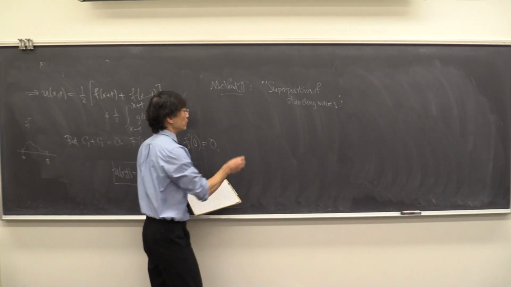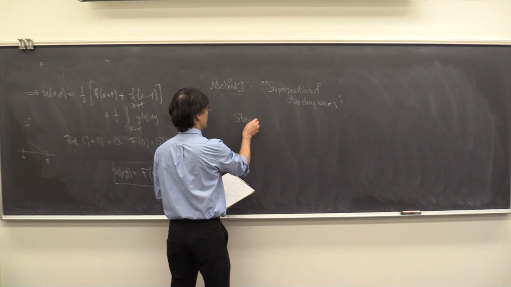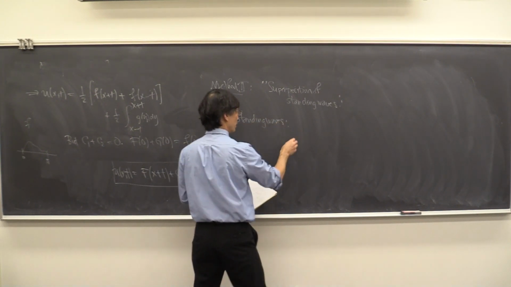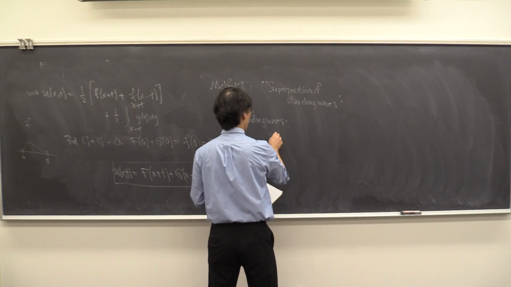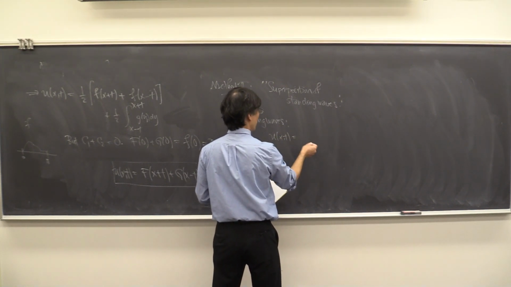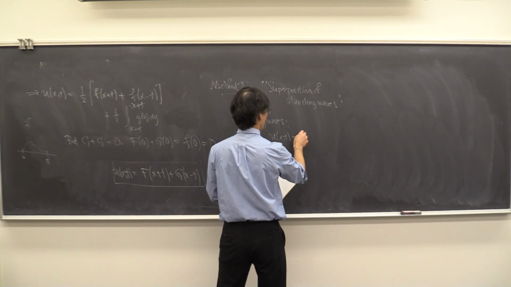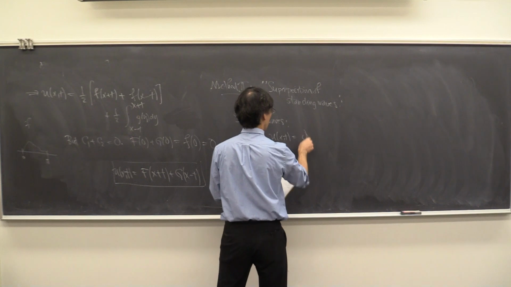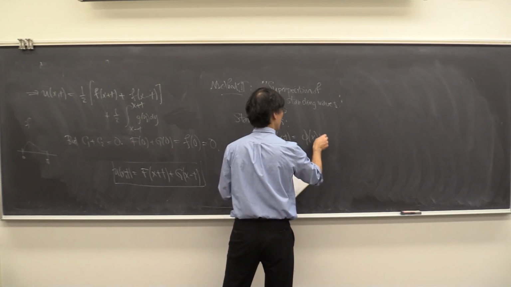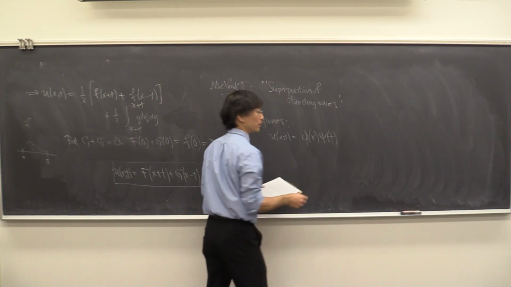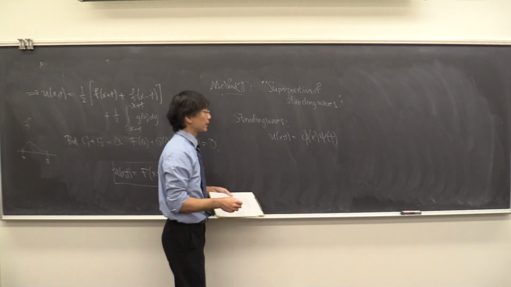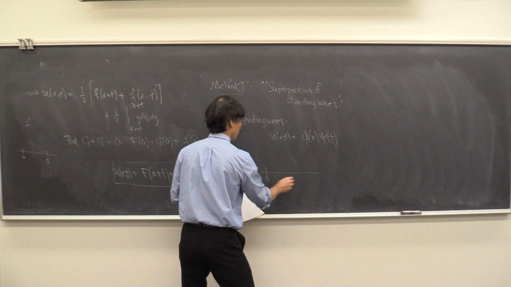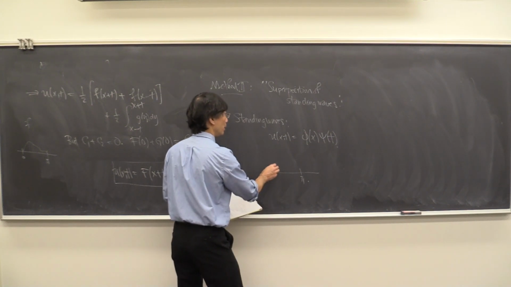So what they mean by standing waves are things that look like some function of t times some other function of x. Okay, so that is 0 to pi, right?